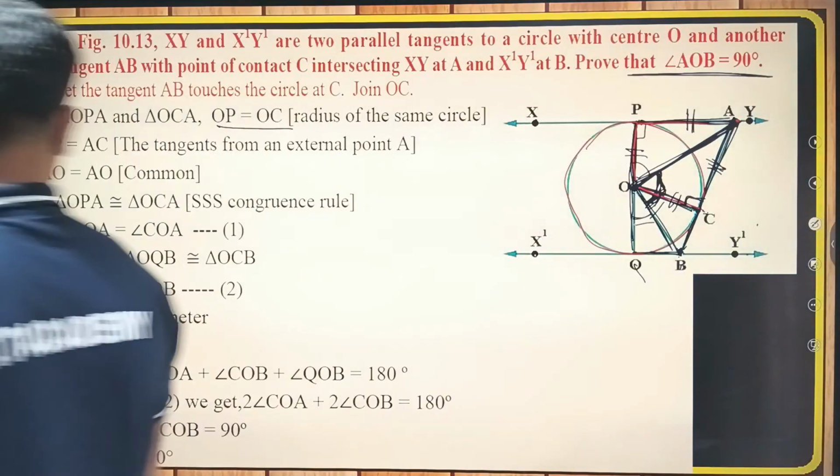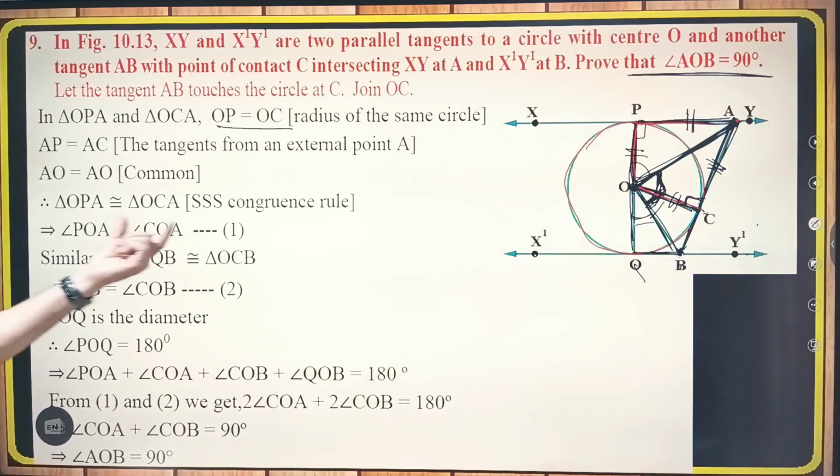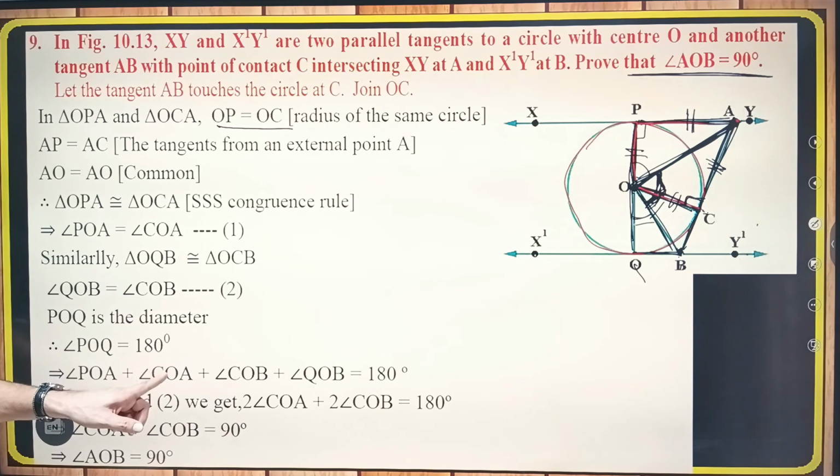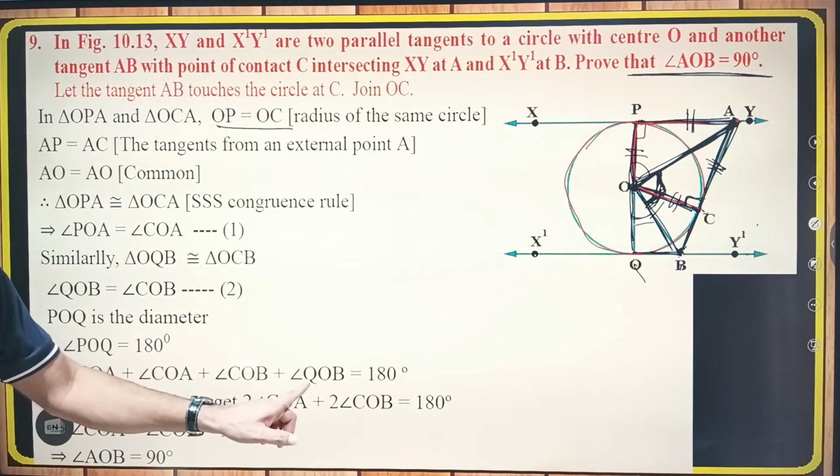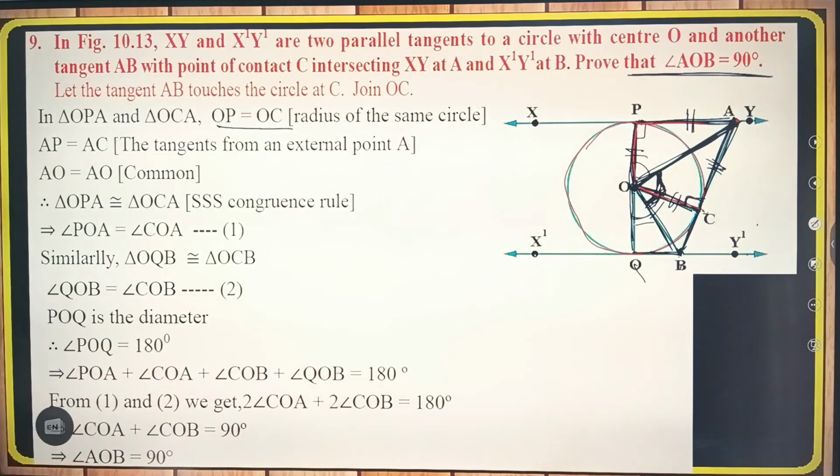After this, dear student, from equation numbers 1 and 2, by considering this, what happens if we add the two? Observe carefully. POA equal to COA. So POA plus COA, plus COB plus QOB, equals 180 degrees. Adding equations 1 and 2, you'll get 2 times, since the two are equal.